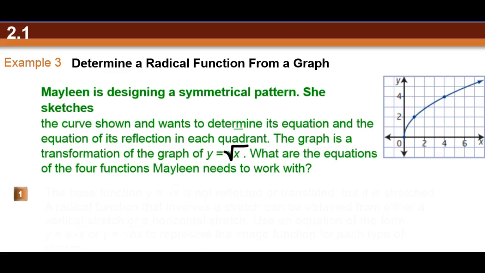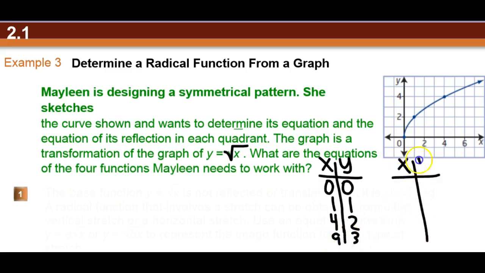Okay, so what happened to this picture? If we look, remember our original points were always 0 and 0, 1 and 1, 4, 2, 9, and 3, right? And if we look at the points on this one, it is 0, 0, 1, and 2, 4, and 4.